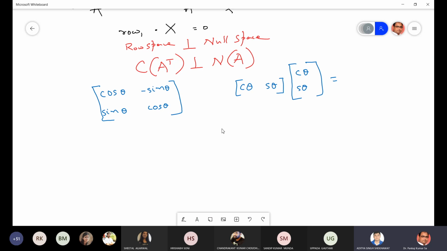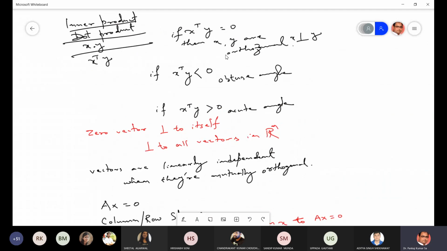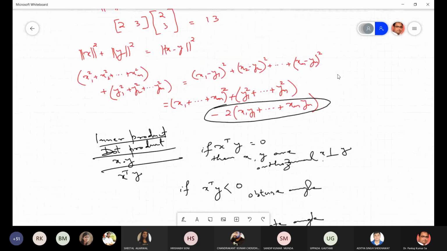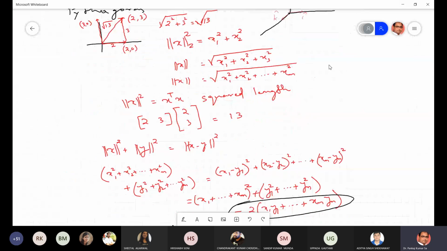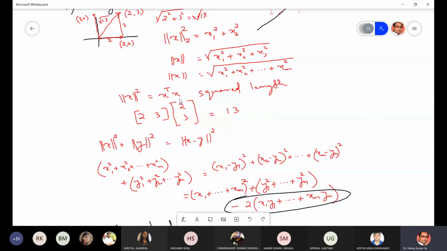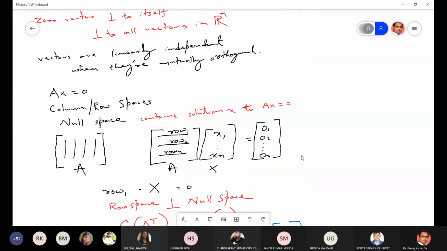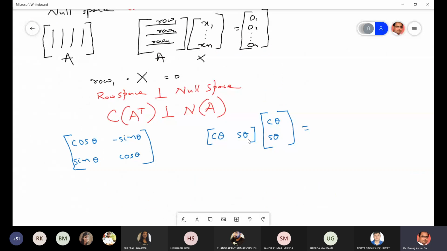I have written only the previous equation, X transpose Y, and the squared length, X transpose X. So cos theta, sin theta is your X, and X transpose X is equal to 1.